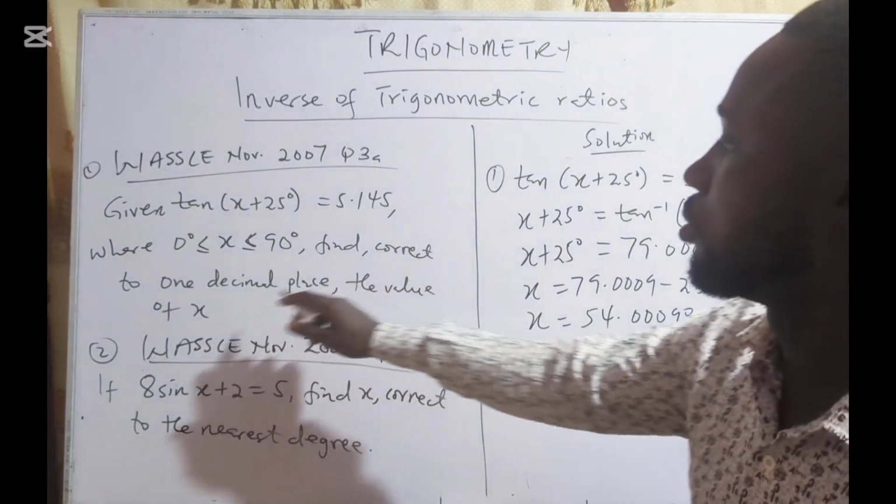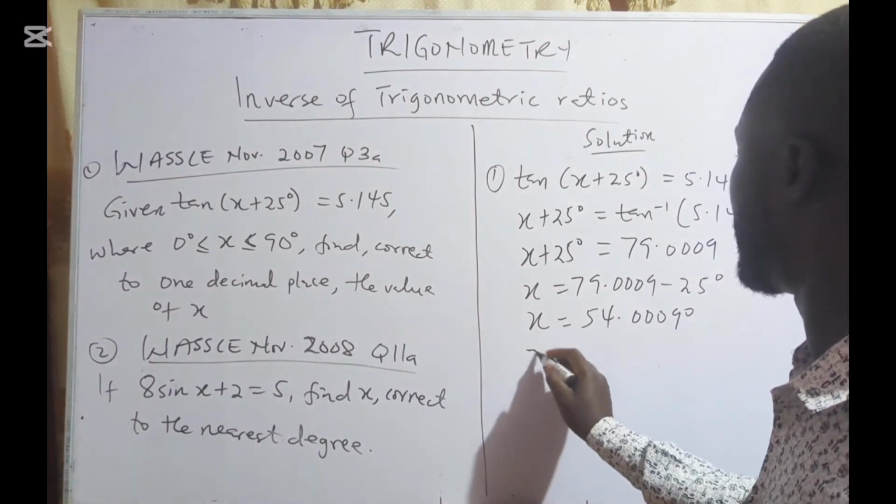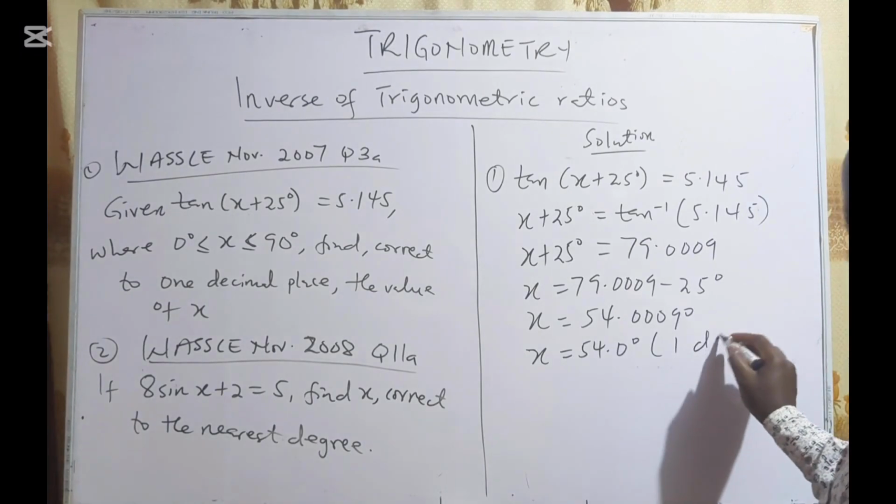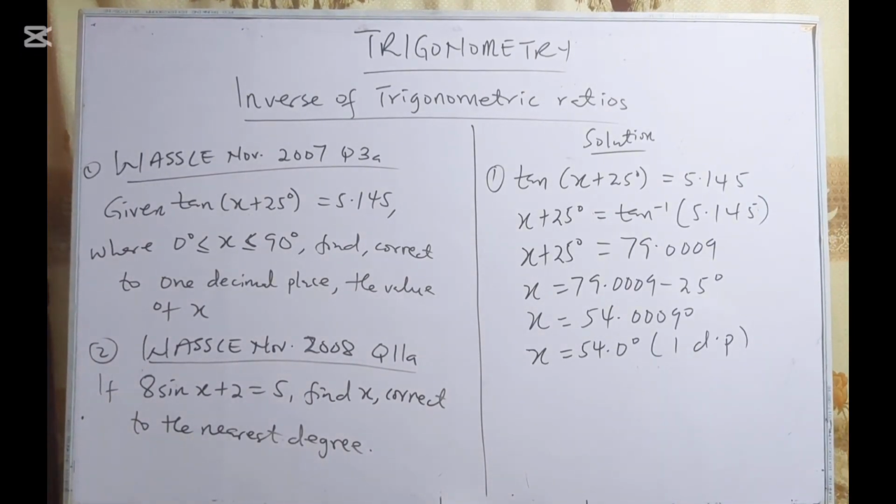We are asked to correct to one decimal place, so my x is going to be 54.0 degrees. That is one decimal place. So the value of x here is 54.0 degrees. I believe this is so clear to understand.